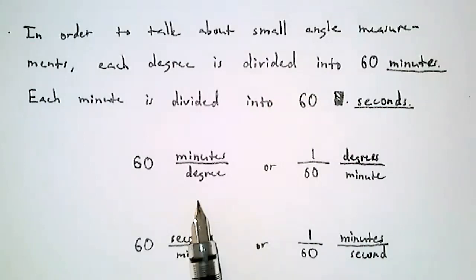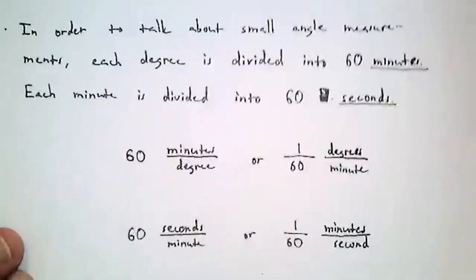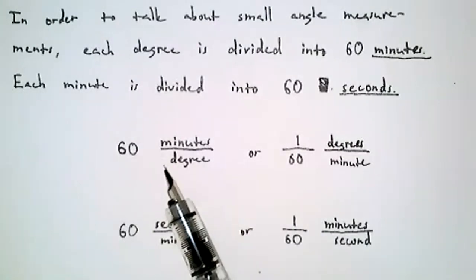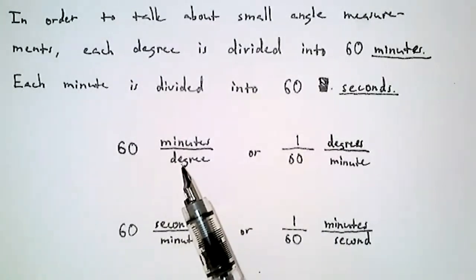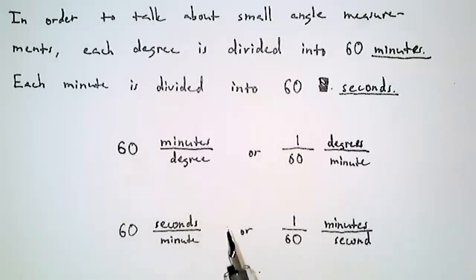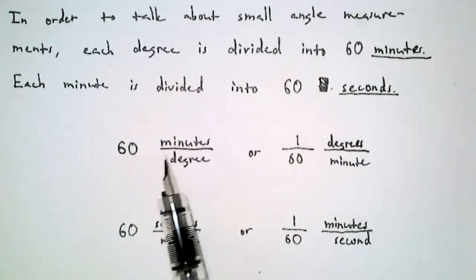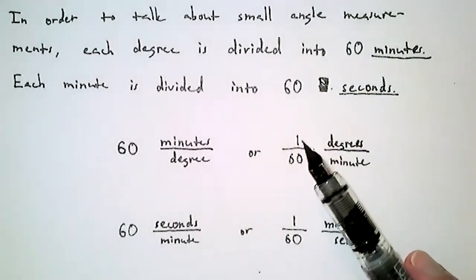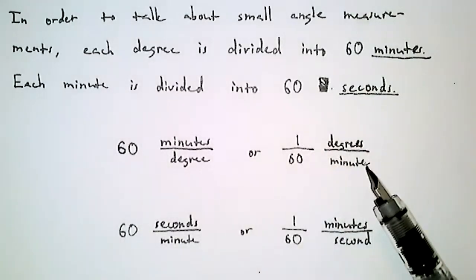And down here, I've written a few things that might be helpful a little bit later on, because we're going to have to be able to convert between minutes and degrees and seconds and minutes and that sort of thing. So you might need to remember that there are 60 minutes per degree. And if we flip that around, that means there's 1/60 degrees per minute.